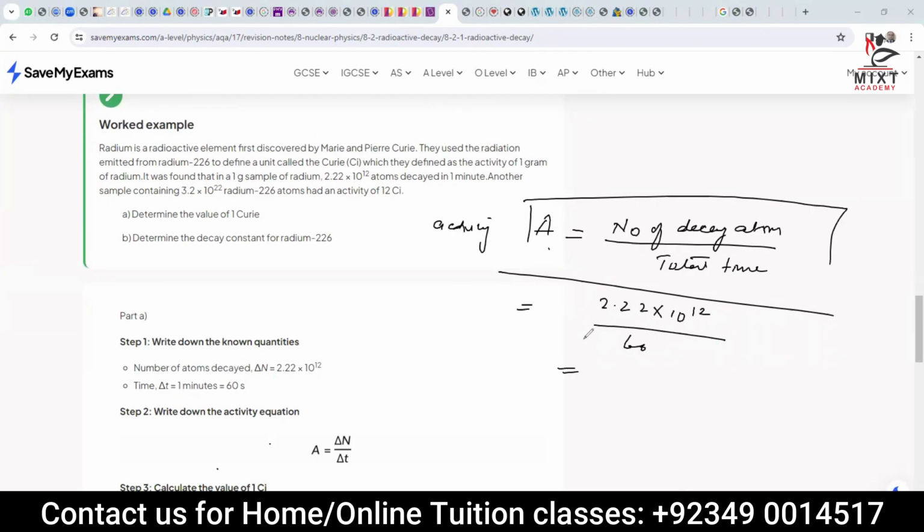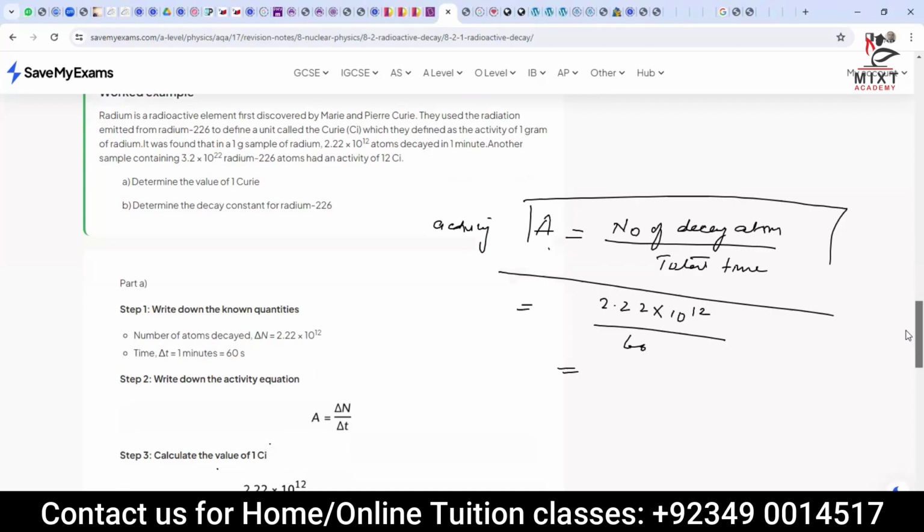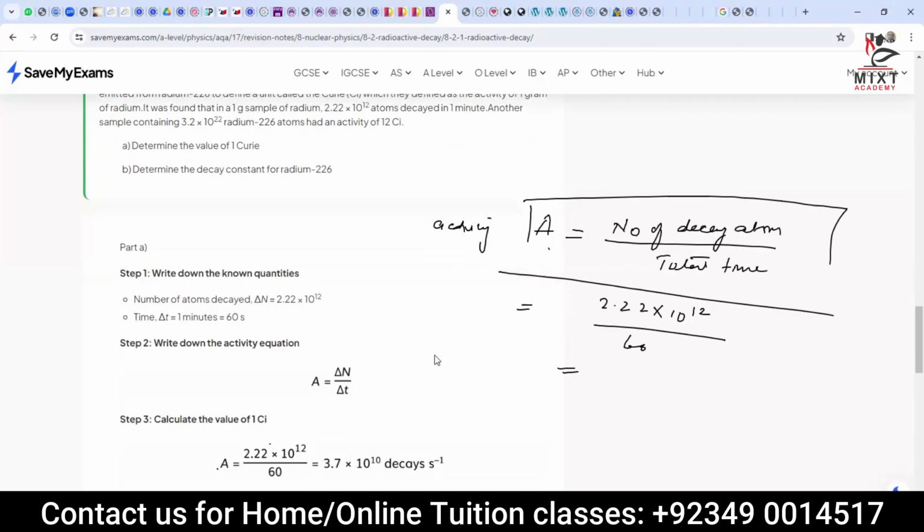So what is the activity here? 3.7 times 10 to the power 10. And what is the unit for that? Decays per second. It means in each second, this many decays happen. So technically speaking, this is not any particular or typical formula. It's just the number of atoms decayed divided by time.